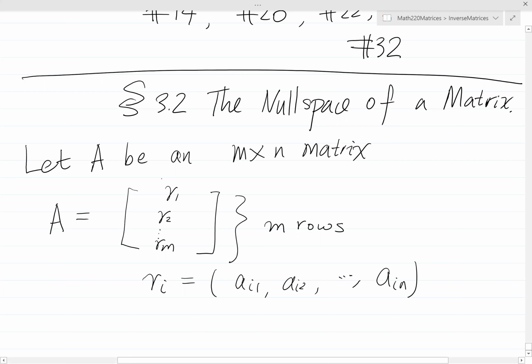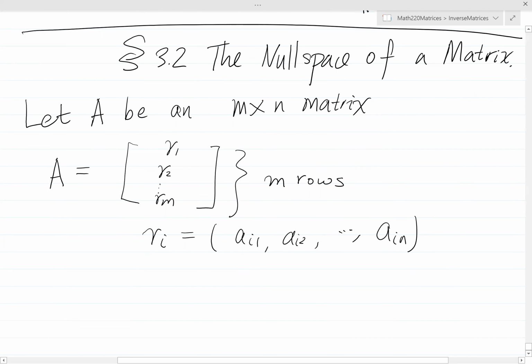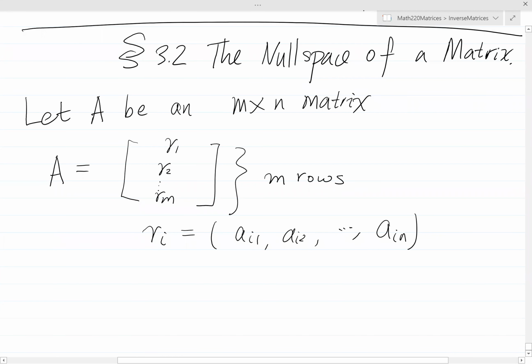We want to find the row space and the column space, where i is from 1 all the way to m. Now A is m by n, so A should act on vectors.